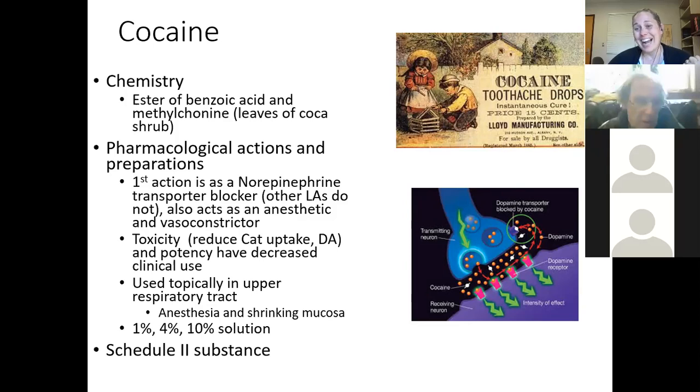Not much really. That's really great, what you had there, Katie. Just in terms of the popularization of it, Sigmund Freud had a role in that, if I remember correctly. And I noticed at the bottom of your slide you've got the fact that it's a Schedule II drug, and that's a point that people often miss.